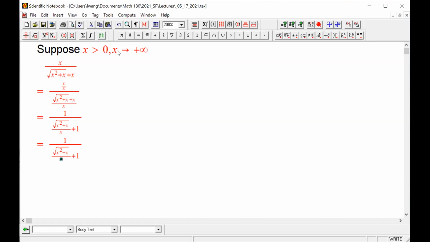Because x is positive, right? So the square root of x squared, remember this expression, the absolute value.